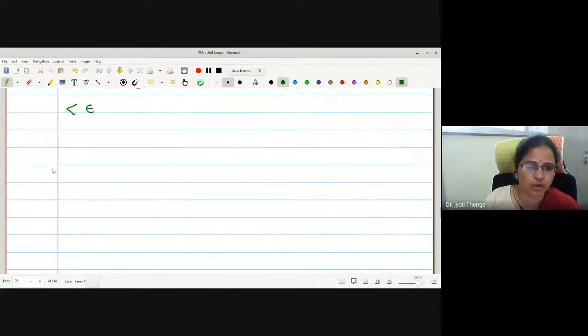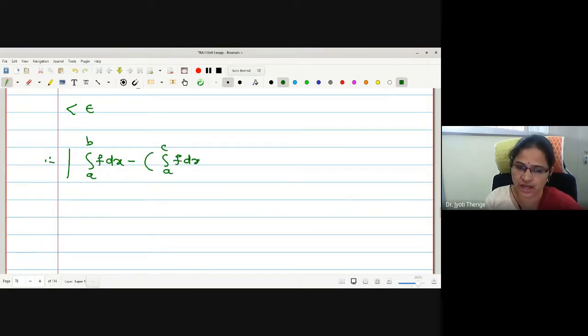Okay, therefore what we have proved? Modulus of integration a to b f dx minus integration a to c f dx added with c to b f dx is less than epsilon.